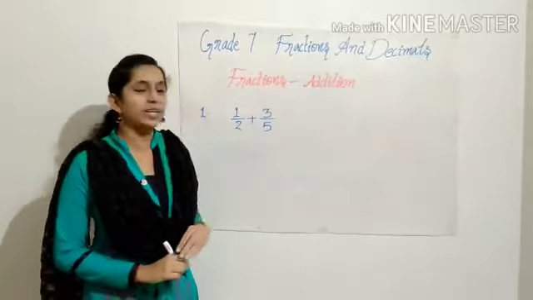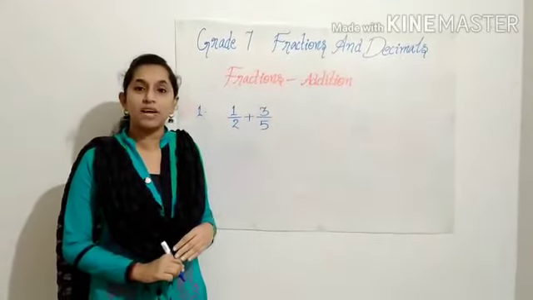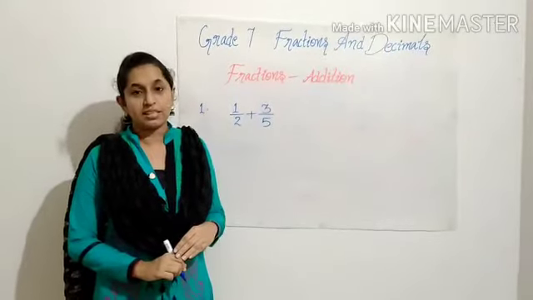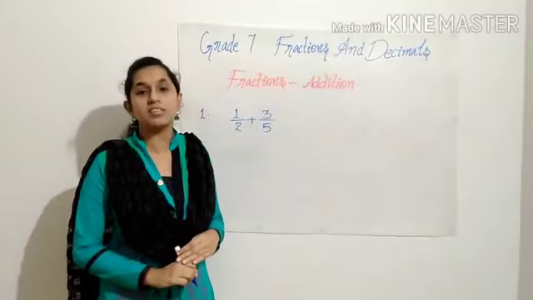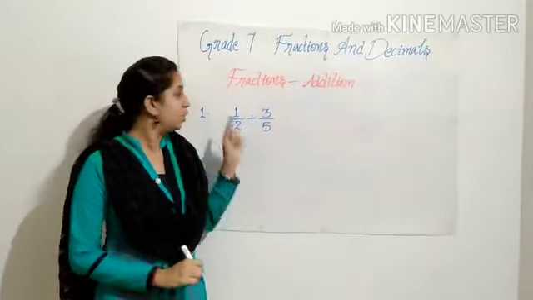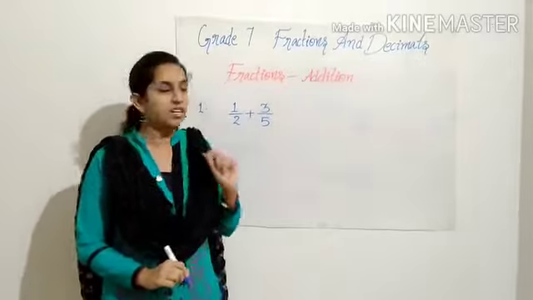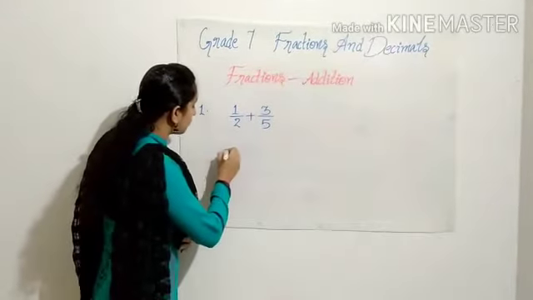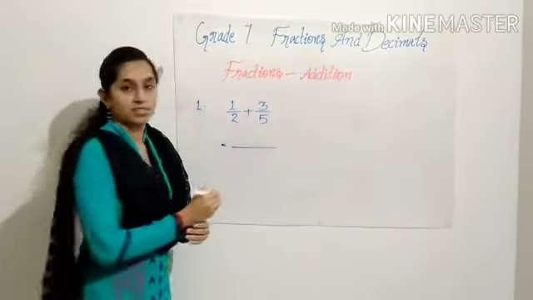In this question you can see denominators are 2 and 5 and they have no common factors in between. That means they are co-prime. When you get denominators with co-prime numbers, you follow the method that I am going to say now. Here to solve this, you have to first multiply the denominators.